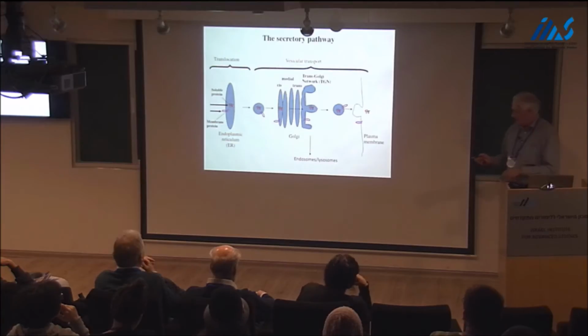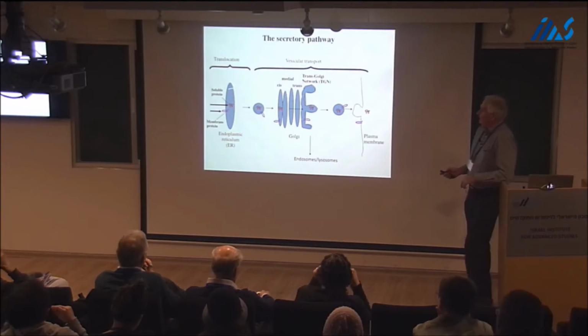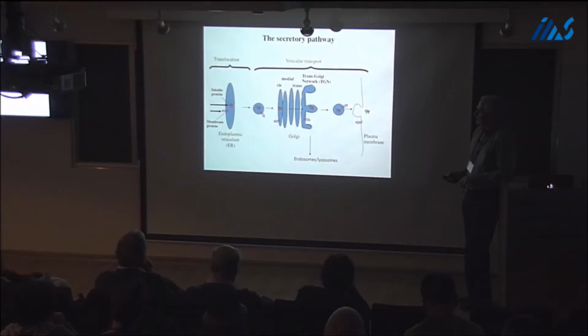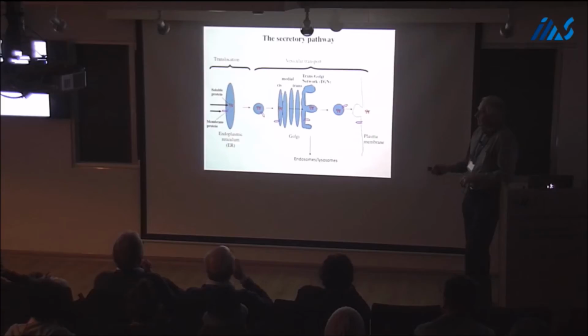So let me start out by reminding you that what I'm going to talk about is protein translocation. This is the very first step in the biosynthesis of a large class of proteins, which includes proteins along the secretory pathway, for example in the endoplasmic reticulum, in the Golgi, in the plasma membrane, and it also includes proteins that are exported from the cell that we call secretory proteins.